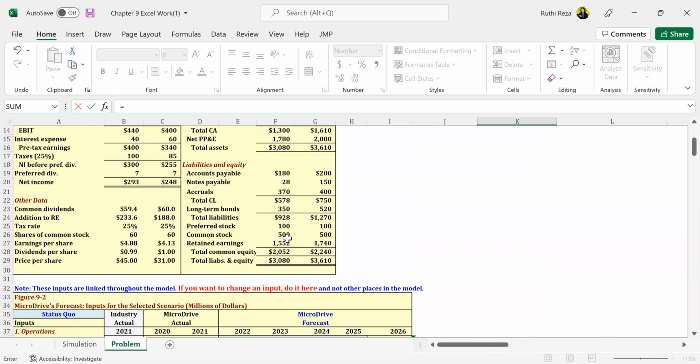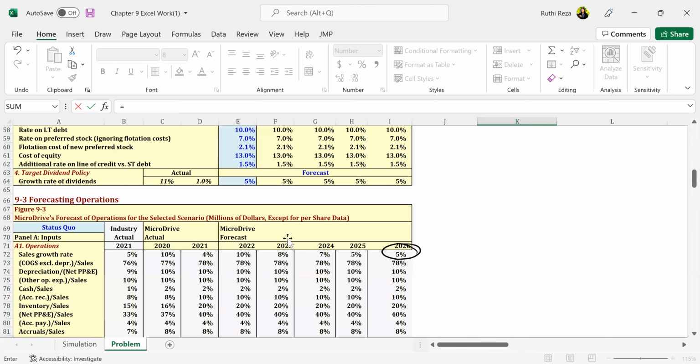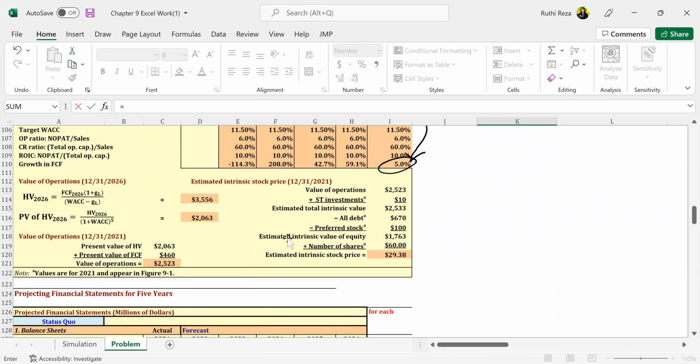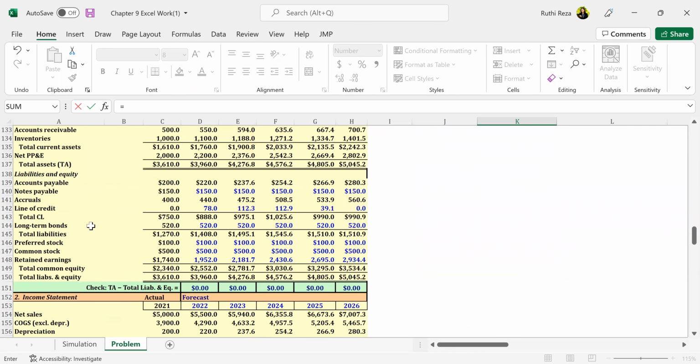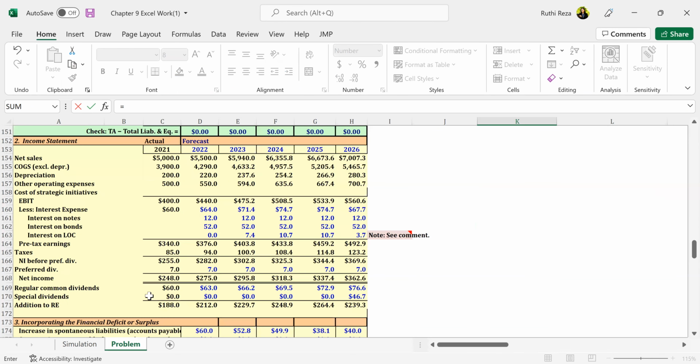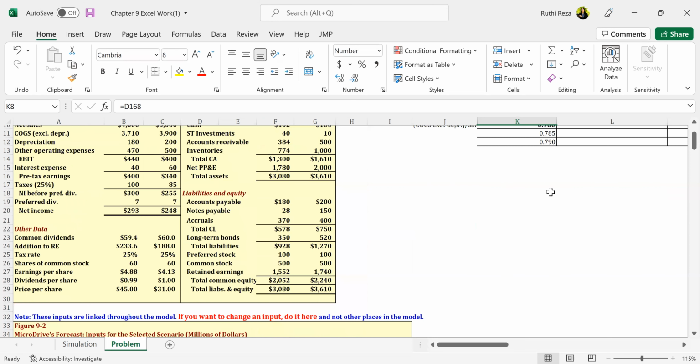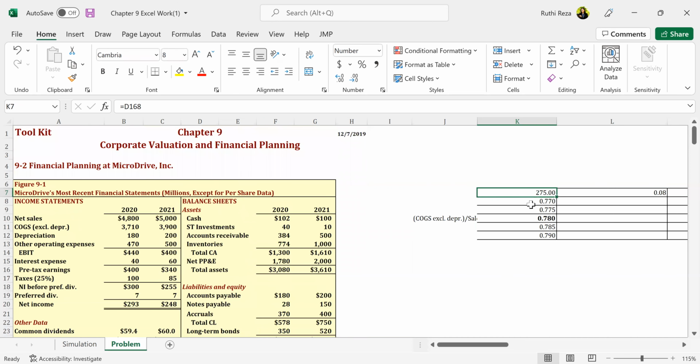So let us also link here the net income we estimated for the year 2022. So our net income estimated for the year 2022 is 275. So we linked it, right? So remember, this is the only linked cell.